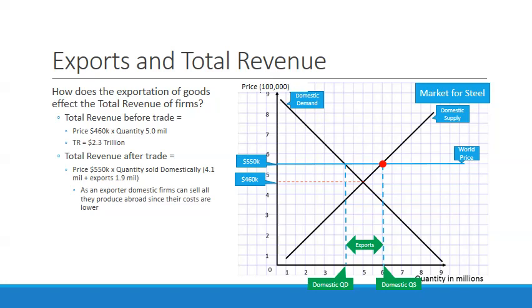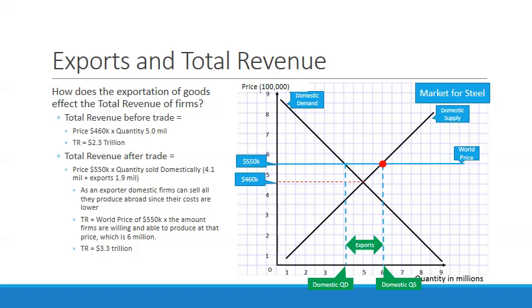They're able to sell 6 million at a price of 550,000. As a result, the total revenue is equal to the world price of 550,000 times the amount that firms are willing and able to produce at that price, which is 6 million. Therefore, total revenue equals $3.3 trillion.